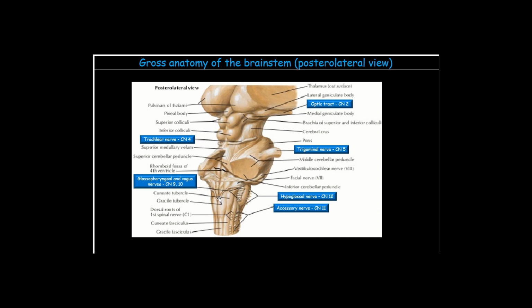Just lateral to the midline, down below close to the obex, we can see a triangular region over here. This is known as the hypoglossal trigone, and lateral to it we can see another triangular region called the vagal trigone. The hypoglossal and the vagal trigones have the hypoglossal and the vagal nuclei resting underneath them, and based on that these regions are named the hypoglossal and the vagal trigones.